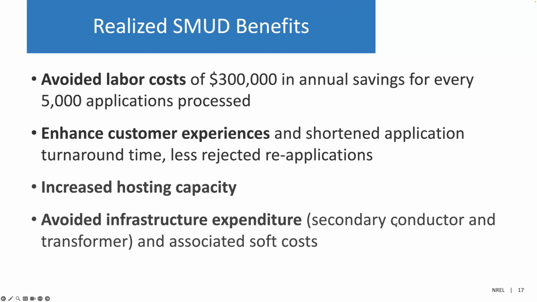We are now able to accommodate PV without requiring infrastructure updates like upsizing of the transformer or reconductoring of the secondary wire. So that has saved our customers money and, again, allowed us to increase our PV hosting capacity.